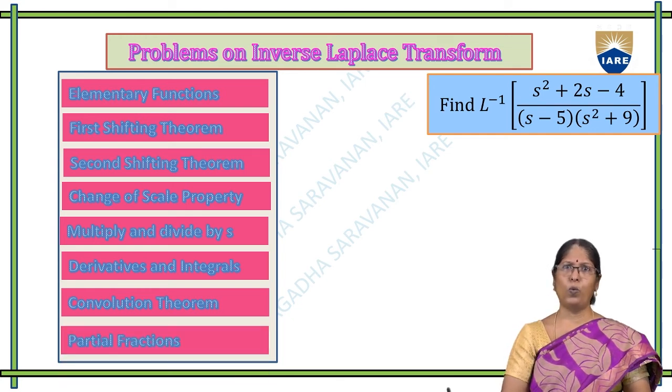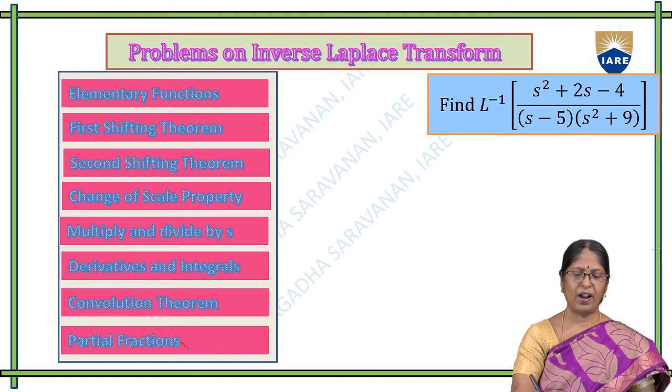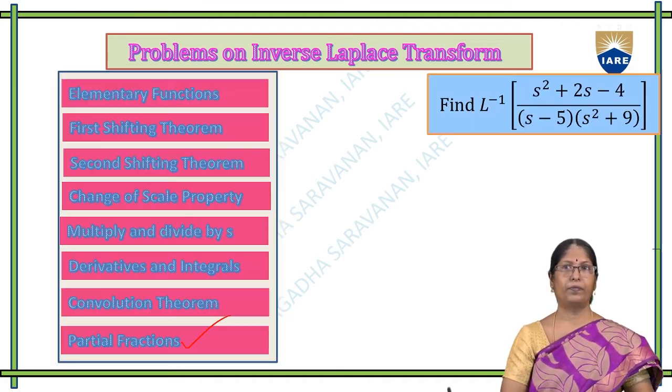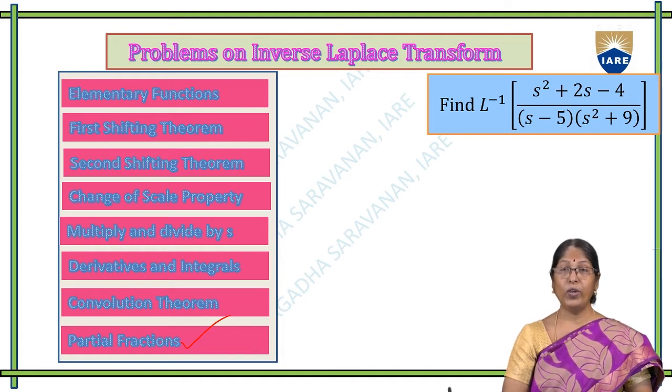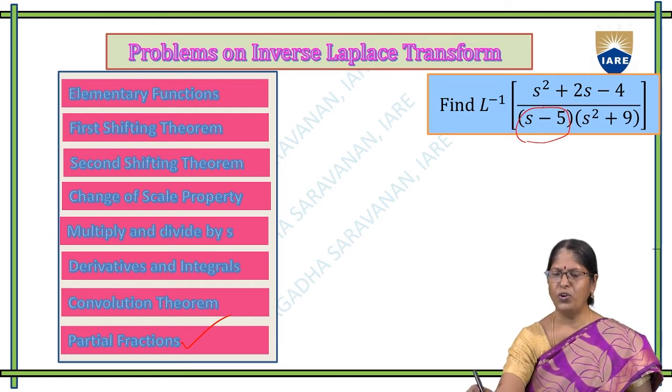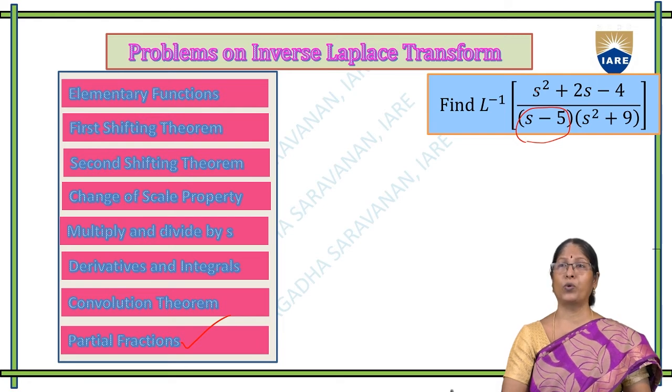So the final one is partial fraction, which we studied in lower classes. Here we can see the numerator, whatever terms are given, no problem at all. And we have to see the denominator.